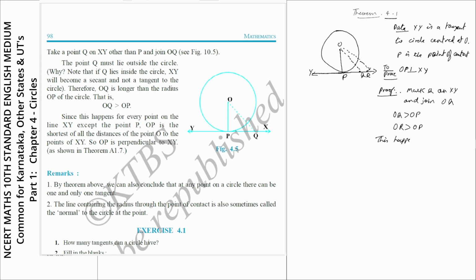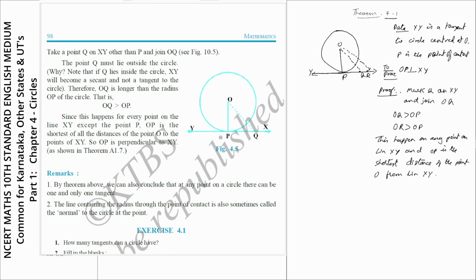This happens on any point on line XY. So take any point on line XY, join that point with O, and that line will be greater than OP, and OP is the shortest distance of the point O from line XY.